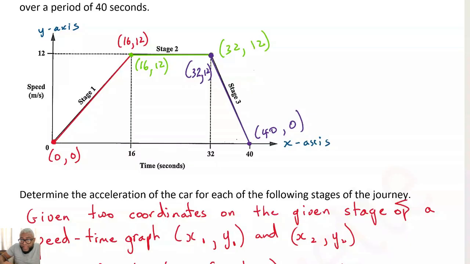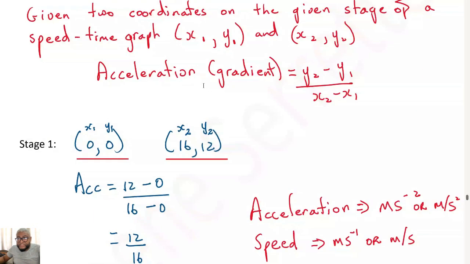Look at 0 on the y-axis here. That's what this point is. Your understanding of coordinates has to be stellar for this. It is 40 on the x-axis because we are literally on the x-axis. 40 on the x and it lines up with 0 on the y. So those two purples there would be my two coordinates for stage 3.